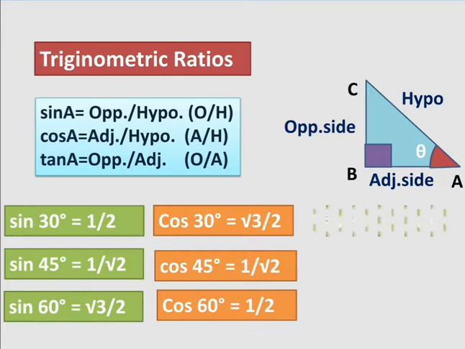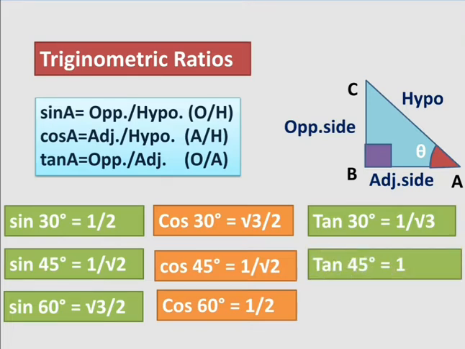Next, tan. Tan 30 degrees value is 1 by root 3, tan 45 degrees value is 1, and tan 60 degrees value is root 3. These basics are very important to solve the problems in applications of trigonometry.